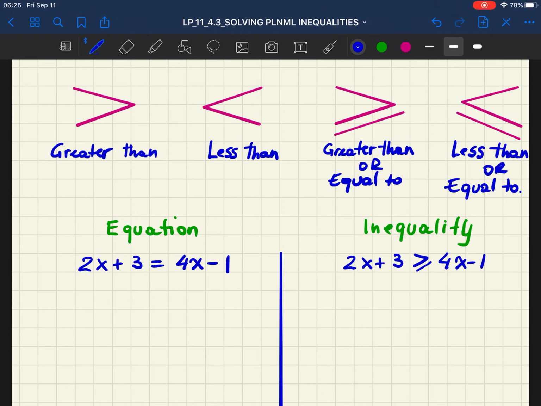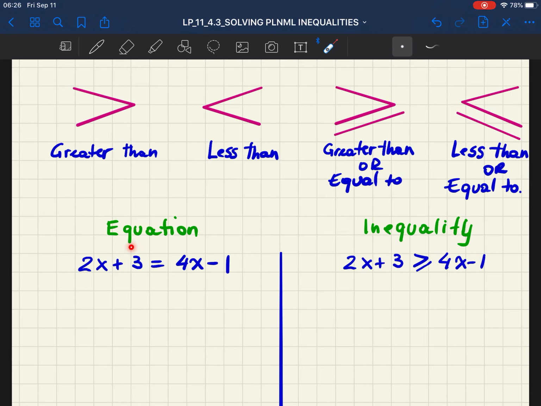Solving inequalities involves a process that is somewhat similar to solving equations. And of course, there are differences, which I will explain as we encounter them. To better explain it to you, I chose an example of an equation: 2x plus 3 equals 4x minus 1.